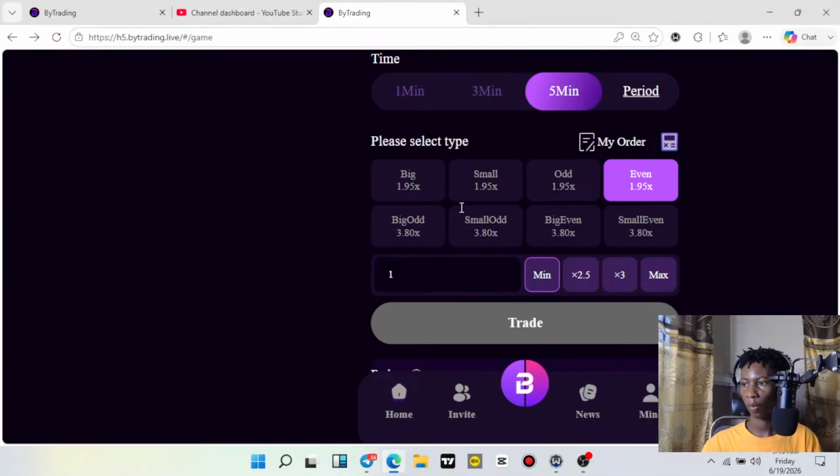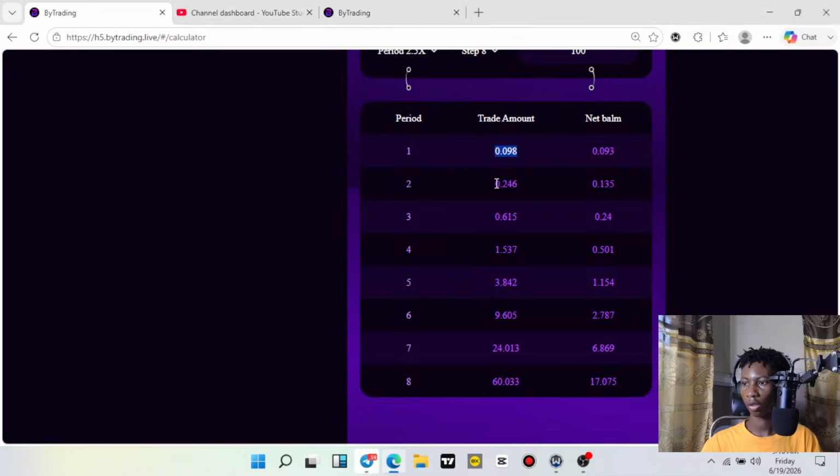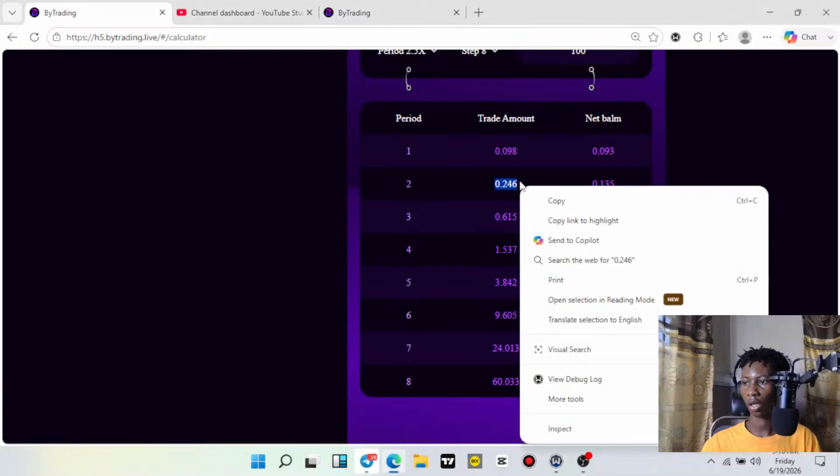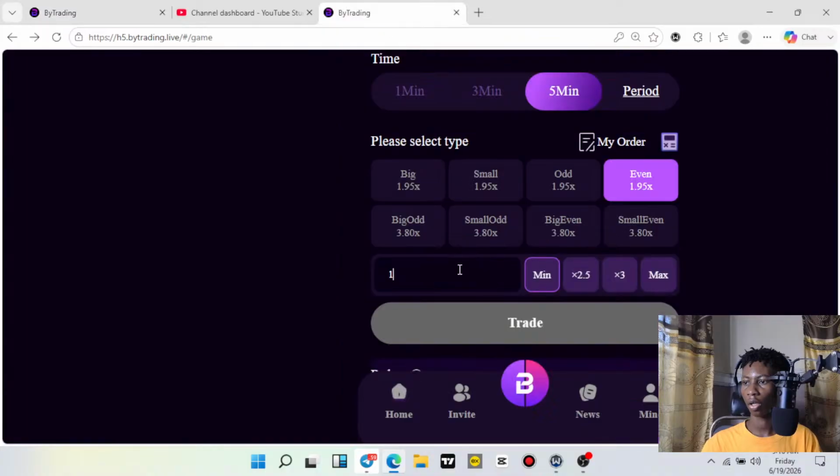And come back to the calculator phrase and copy this very particular amount. This is what I'll be using on the next phrase, so you guys should take note. And I just have to paste it right here and click on this trade button showing right here on the screen.